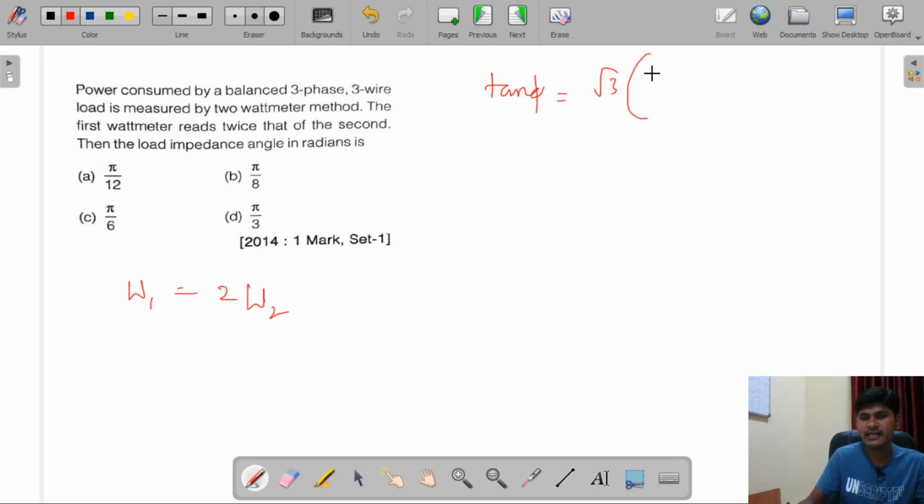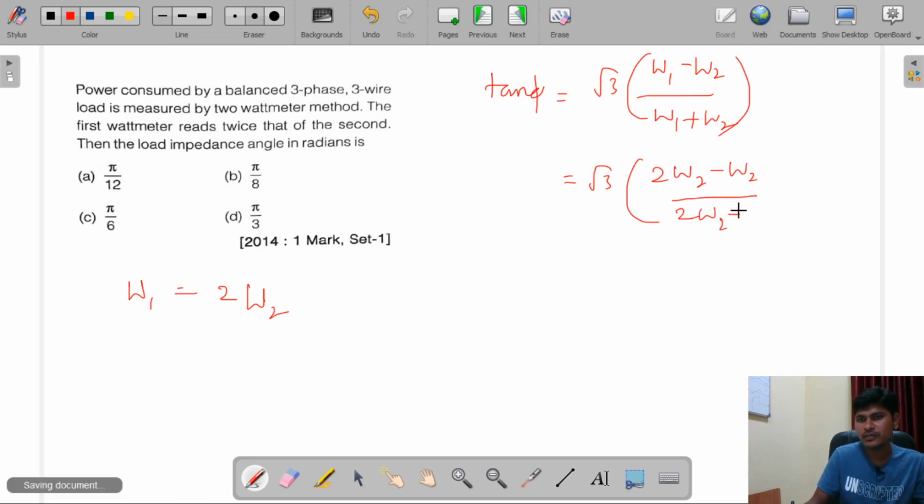Okay, W1 is the high reading, right? So root 3 into (W1 minus W2) by (W1 plus W2), root 3 into (2W2 minus W2) by (2W2 plus W2). Okay, tan phi.